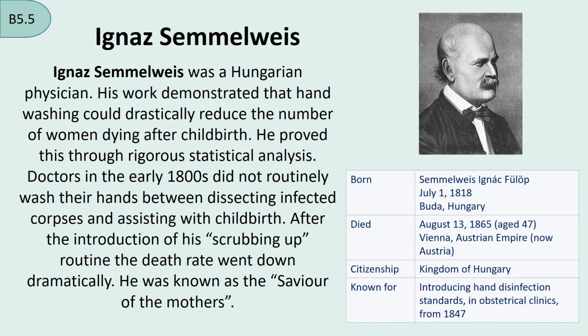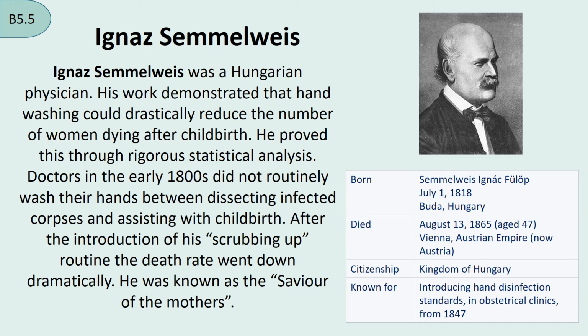Semmelweis, very interesting character. Mr. John Cleese. It's not John Cleese. So he was a Hungarian physician, and he worked in a hospital, and he noticed that women who had their child delivered by a doctor were far more likely to die during childbirth or after childbirth, due to infection, than women who had their babies delivered by midwives on the same ward.